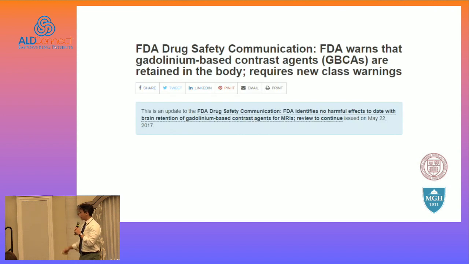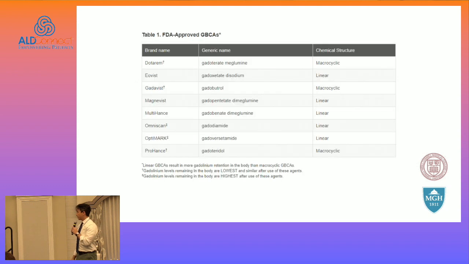So this is a little bit about the black box warning, but note that this is an update from this past summer. The FDA identified no harmful effects due to brain retention of gadolinium, but they have to say that the brain will actually retain some. It's less in the macrocyclic molecules you'll see over on the right there, and most institutions have switched to the macrocyclics because your body retains them less.